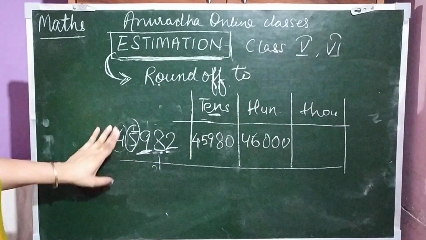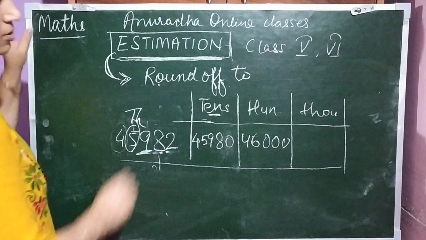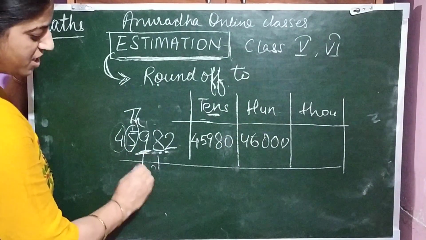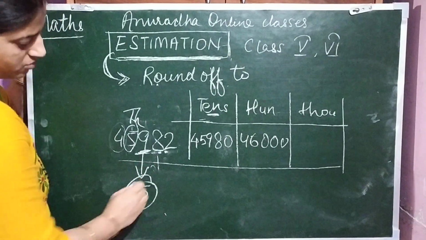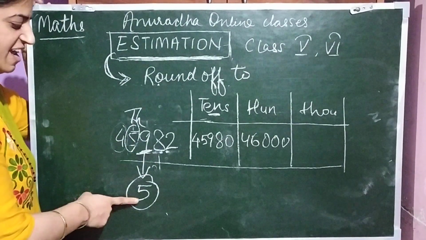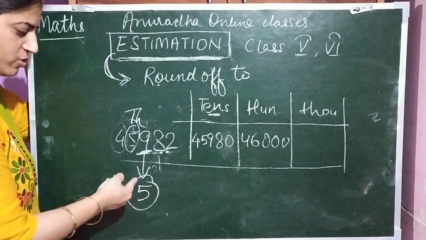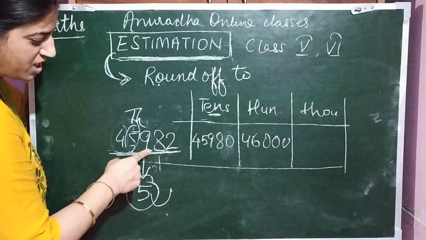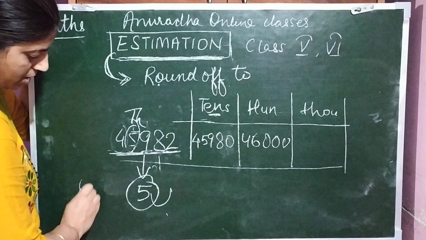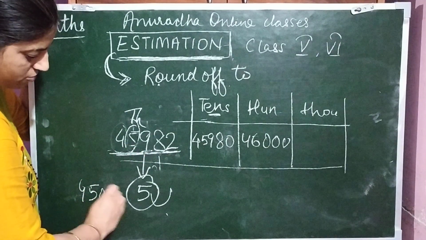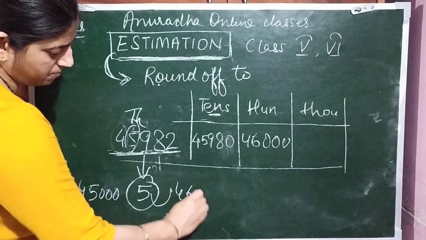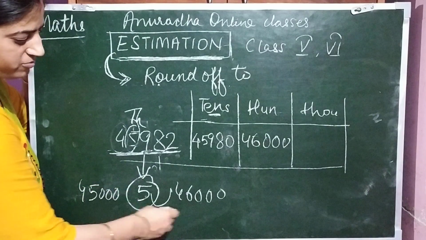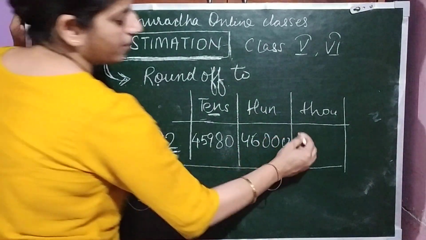So let us come to this 5000. Now we have to see whether this number is less than 5 or more than 5. This is more than 5, so this number 45,982 will come between 45,000 and 46,000. So as it is more than 5, this will be 46,000.